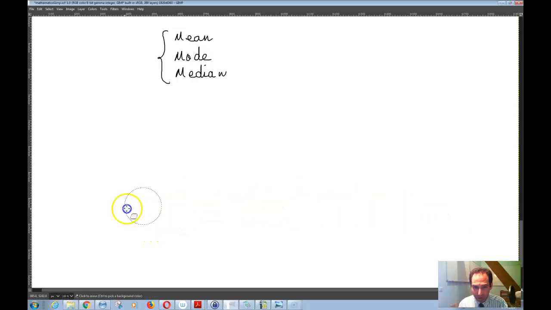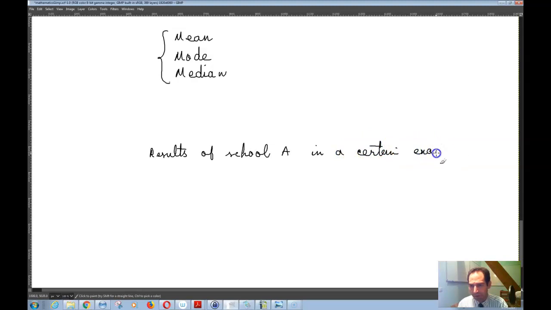Meaning that, for example, let's say that these are the results of school A in a certain examination, and then you have also the results of school B in the same examination, and school C. When you take the mean of all of these results, and also the mean of each of the others, then you can say which school, or which students, have done better on average on the same examination.